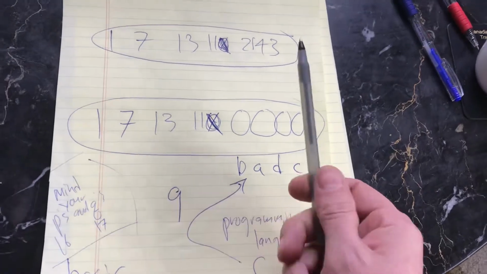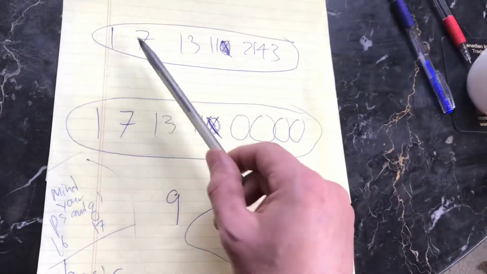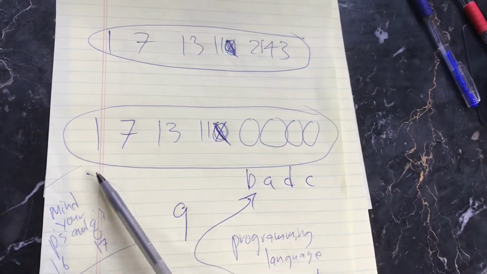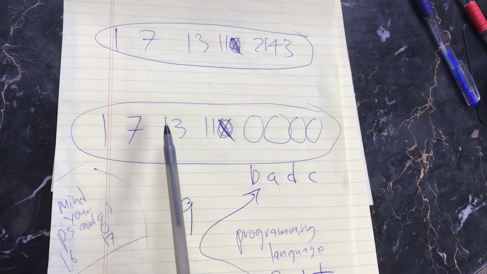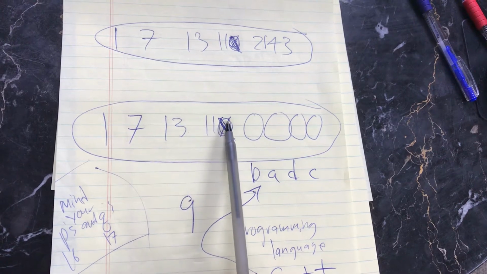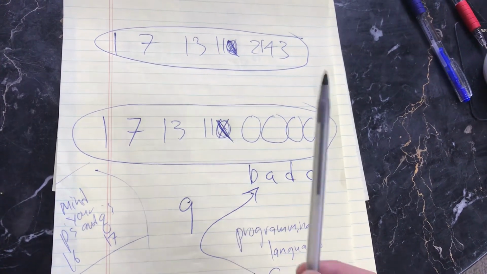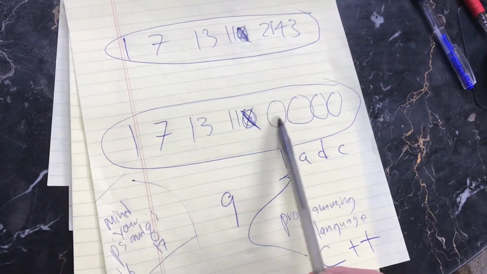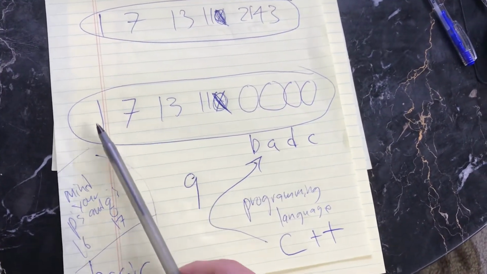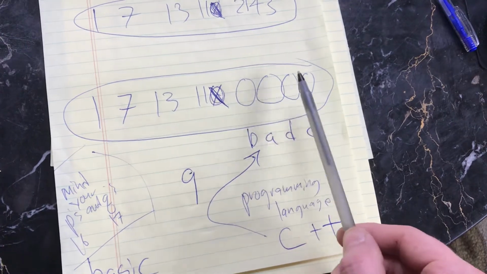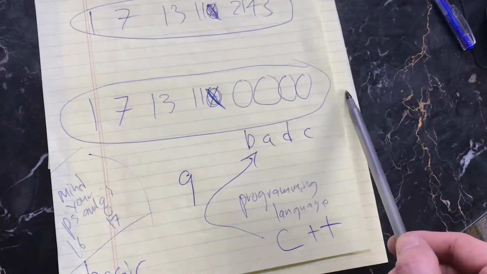Remember, this is like 1 of 1 of 7, 13, 110, 21, 43. Well, 1, 2, 3, 4, 5, 6, 7, 8. And these 4 things, maybe that's the 9th thing. Or is it 1, 2, 3, 4, 5, 6, 7, 8, 9 things?